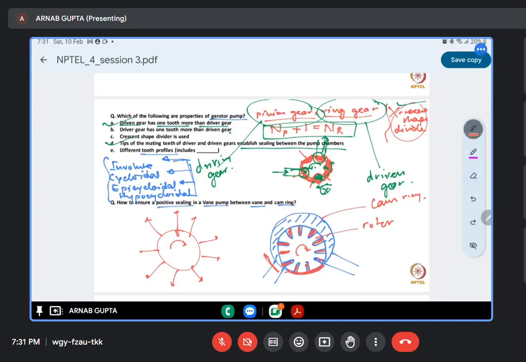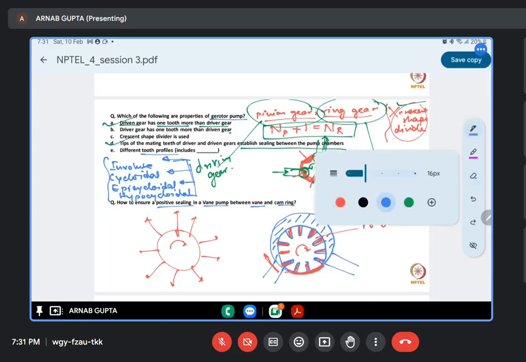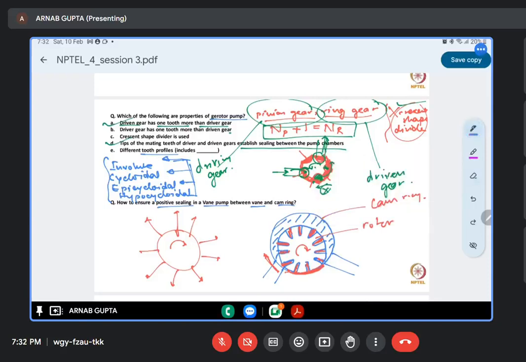Now the vanes will be coming out like this.